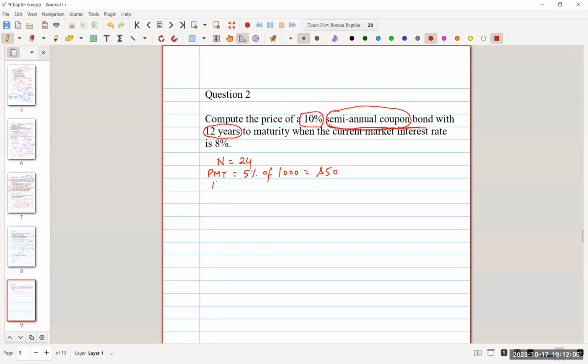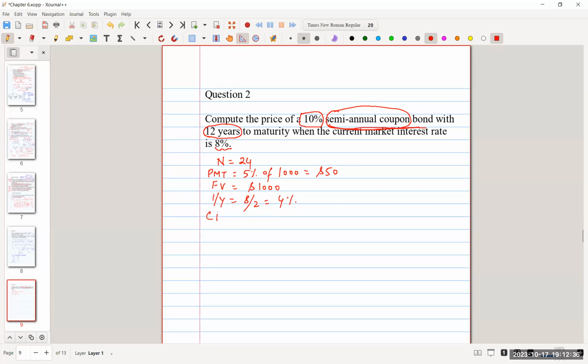We know at the end of the term, we will get $1,000. We also know that we have to use a discount rate, which is 8% on an annual basis. But because we are using 6 month periods, just like the coupon rate was divided by 2, the discount rate or the market rate will also be divided by 2. So 8/2 is equal to 4%, right?